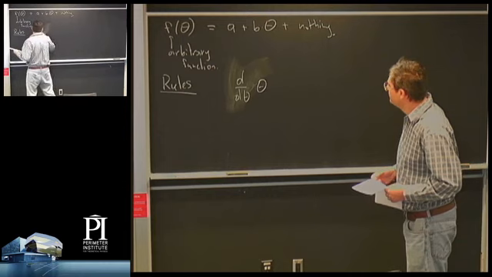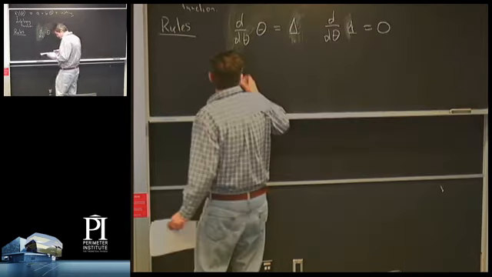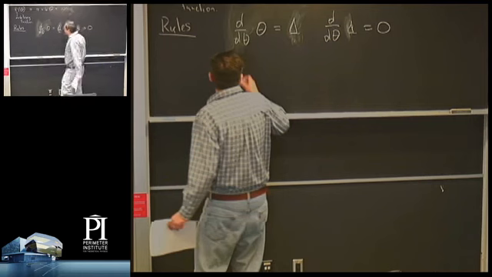We define differentiation with respect to theta in such a way that d over d theta of theta equals 1, and of course d over d theta of 1 equals 0.